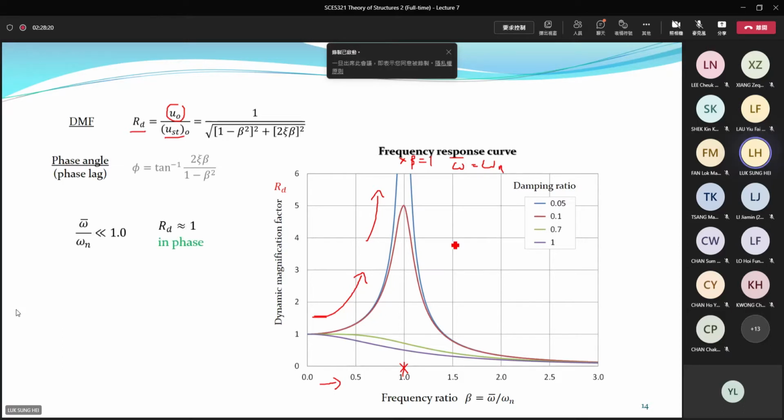Did I mention terms? Anyway, let's continue. Beyond this resonant frequency, when the loading frequency increases further, we observe that the RD value starts to decrease.